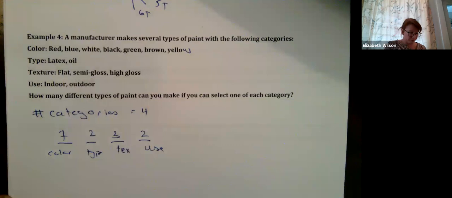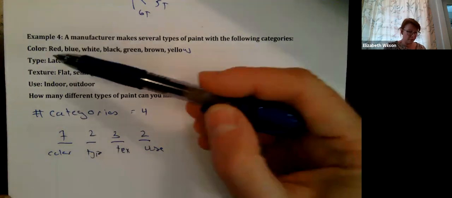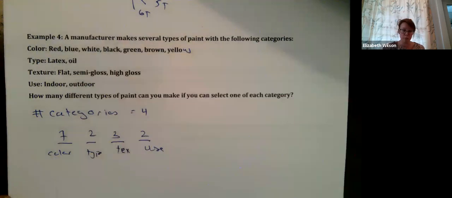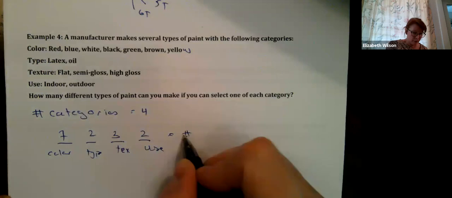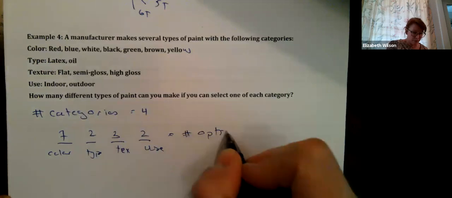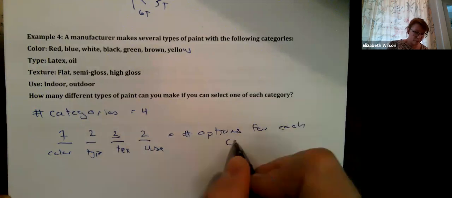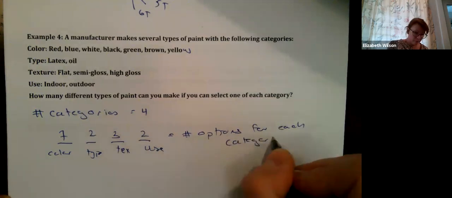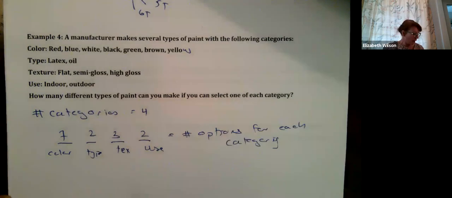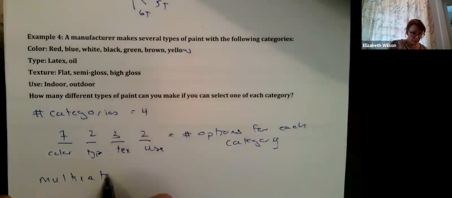My multiplication rule says I can choose red, latex, flat, outdoor paint, right? So that's one possible. So I'm going to multiply all of these together. I write down the number of options for each category, and then my multiplication rule says I'm going to multiply all these together.